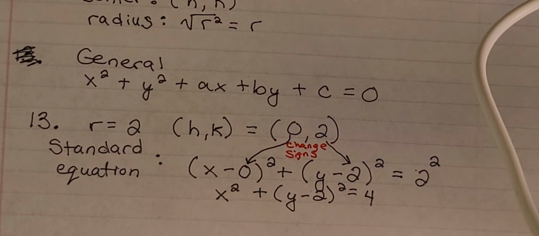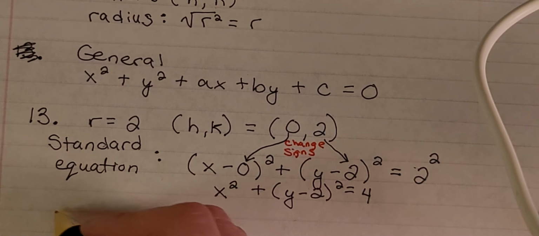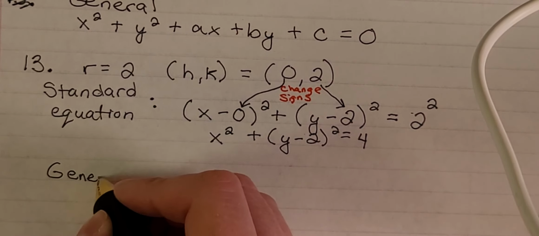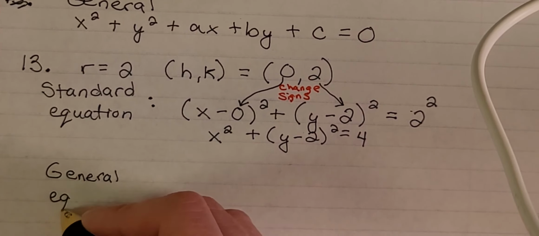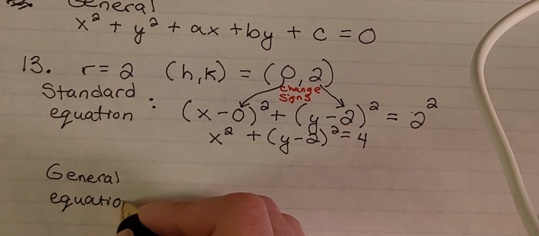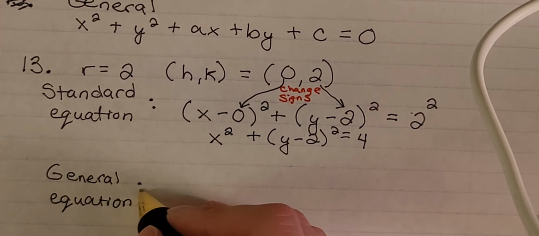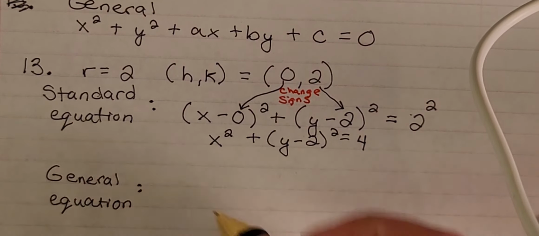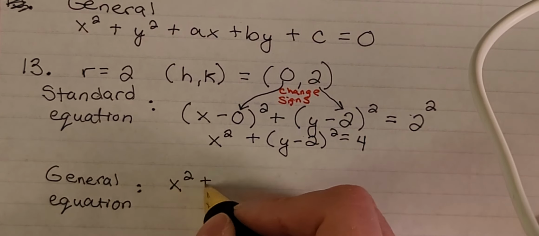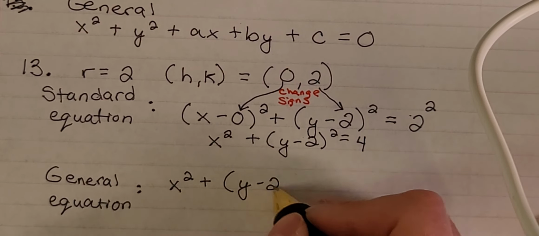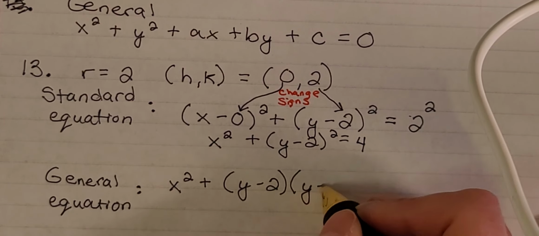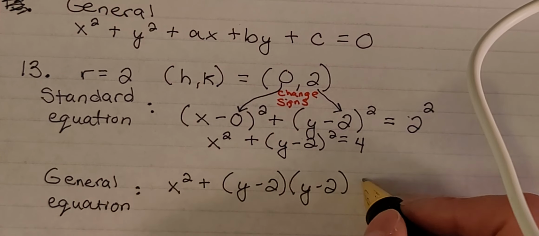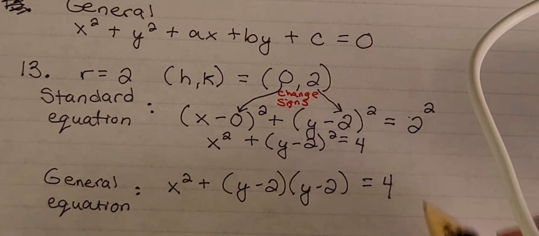Then it asks for you to do the general equation. So your general equation, you're going to take this and we're going to have to FOIL that thing. So x squared plus y minus 2 times y minus 2. So I just wrote that out twice since the exponent there is 2, equals 4.